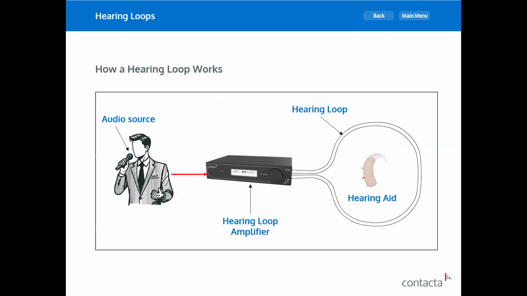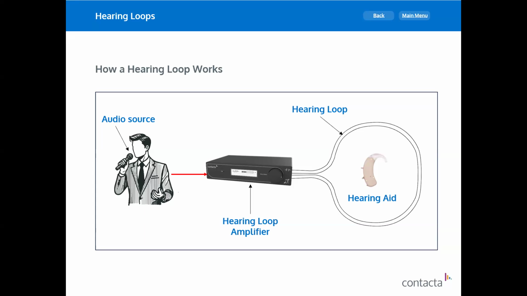So the principles of hearing loops, again, you may have seen it in a previous webinar. You have an audio source, connected to a hearing loop driver or hearing loop amplifier. It's a clever device that's able to take the sound source in either an analog or digital way and convert it into adjustable current and voltage. When current and voltage is driven into a copper loop in a careful way, it creates a magnetic field.